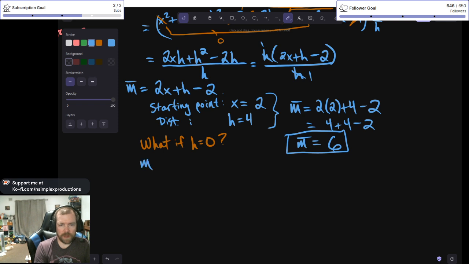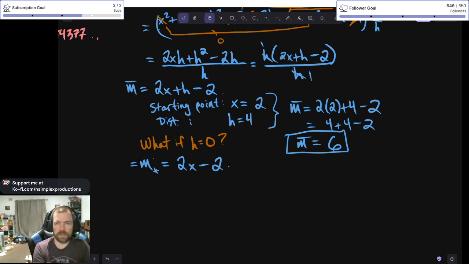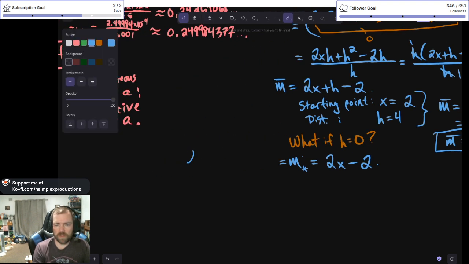Then we get our m star. It's going to be equal to 2x minus 2. And very interestingly, this is what happens when we take the limit of our f of x plus h minus f of x all over h as h goes to 0.